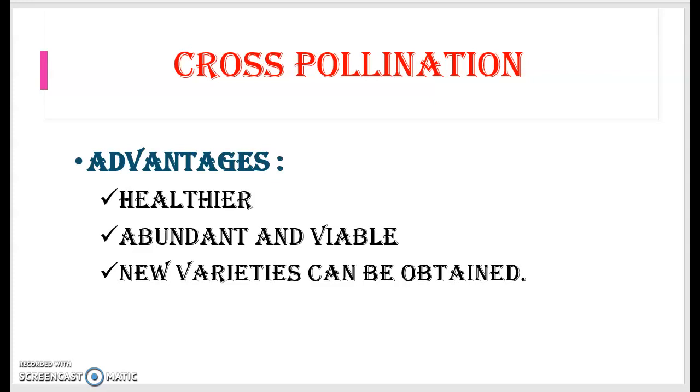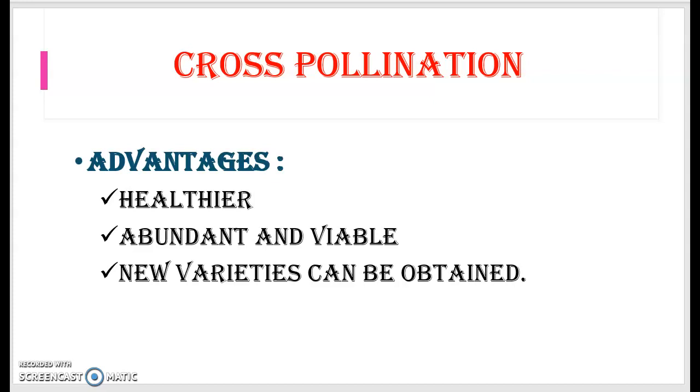They can produce young ones very fast. They are not sterile, they are fertile. That is what the word viable means. Viable means they are able to produce young ones faster and they have that ability in a very large amount. So the seeds are abundant and viable. These two are the second point of advantage.